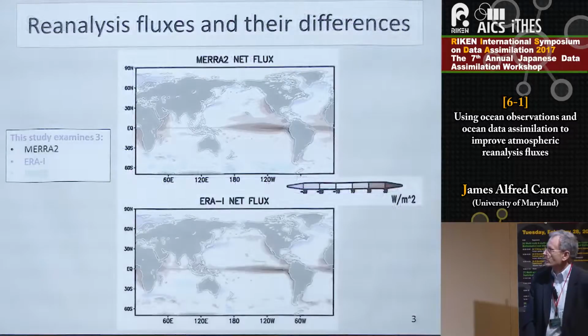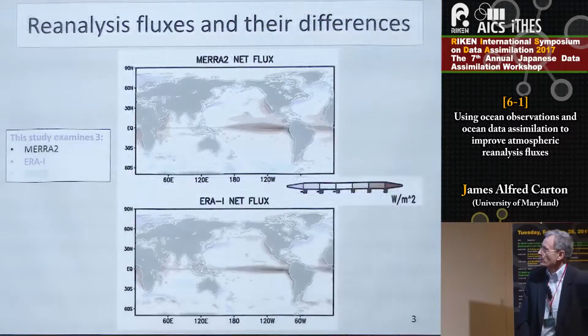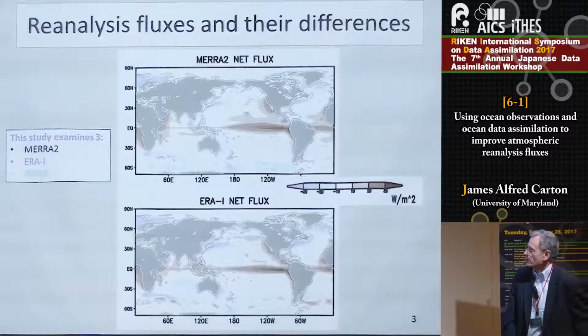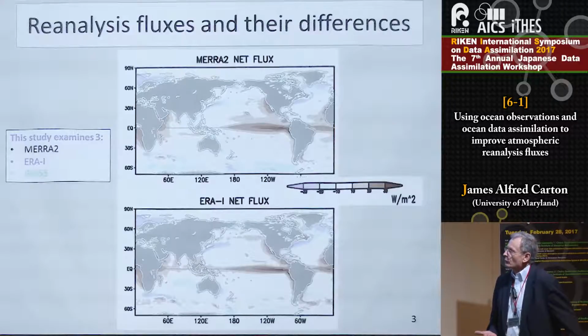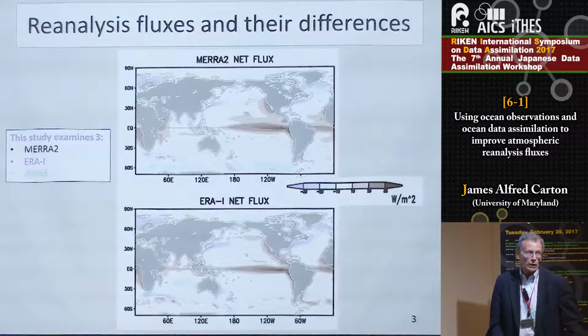And here is a similar picture from the ERA-Interim reanalysis. You'll notice comparing these two pictures that they're rather different, at the scale of, say, 10 to 30 watts per meter squared, quite large differences.